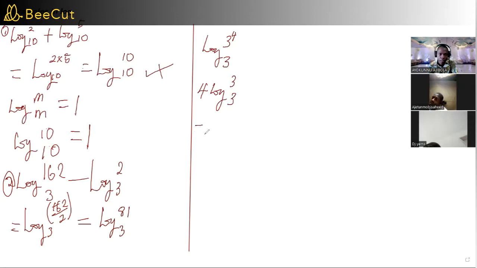So what do you think my answer will be now? 4 times 1, and that will be 4. Where did I get the 1 from? From log 3 base 3. Very good. So put that down while we move to the third example.